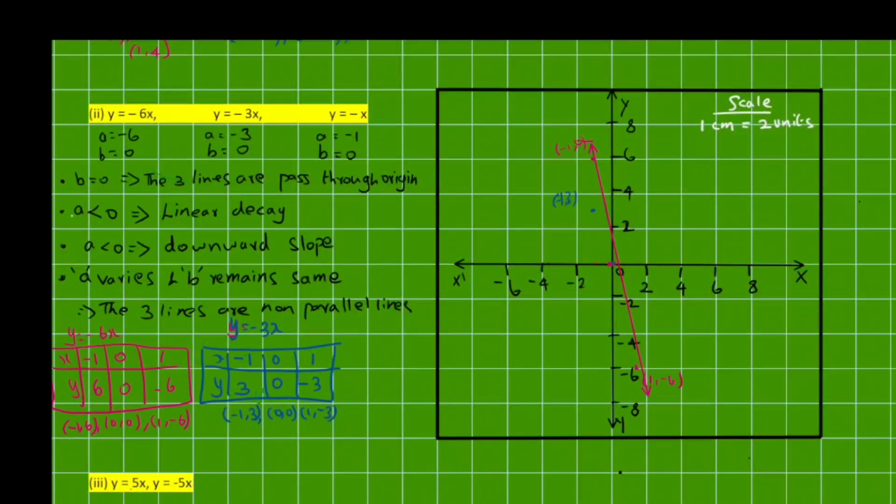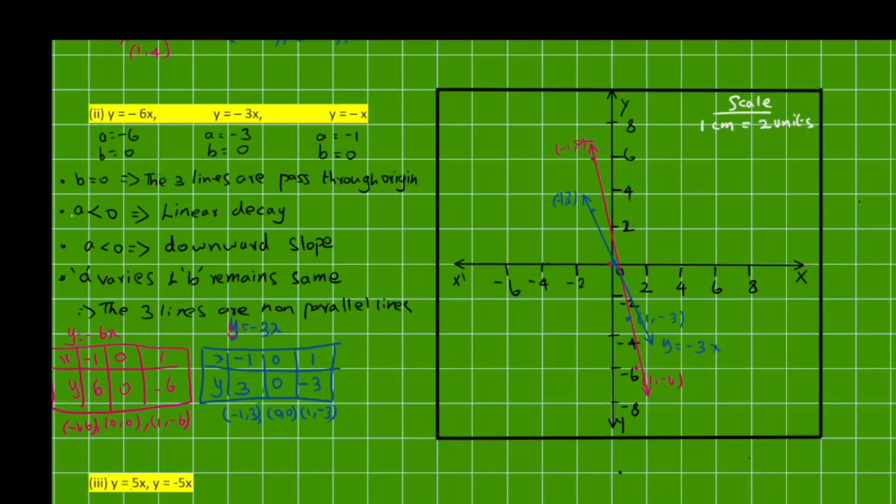The next point is 0, 0. The next point, 1 and minus 3, is here. Let's join the points. This is the line for y is equal to minus 3x.